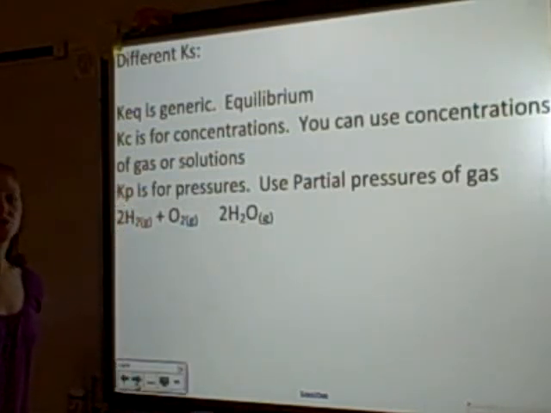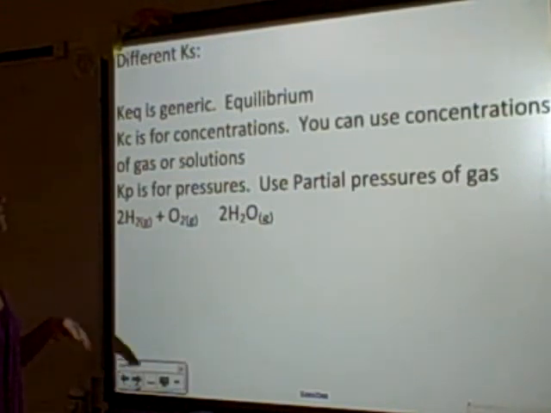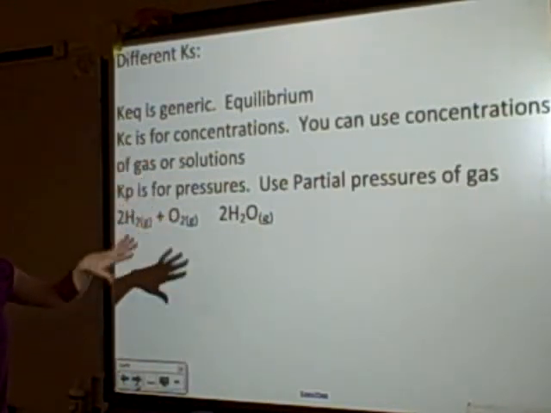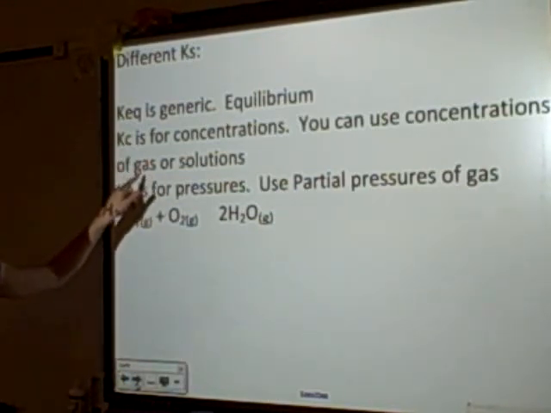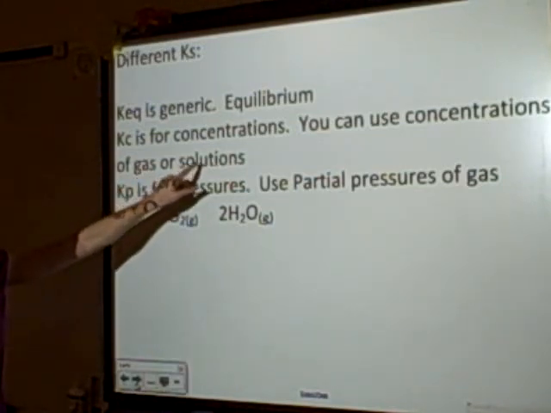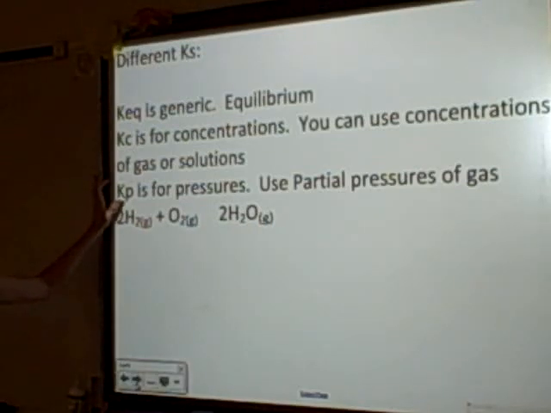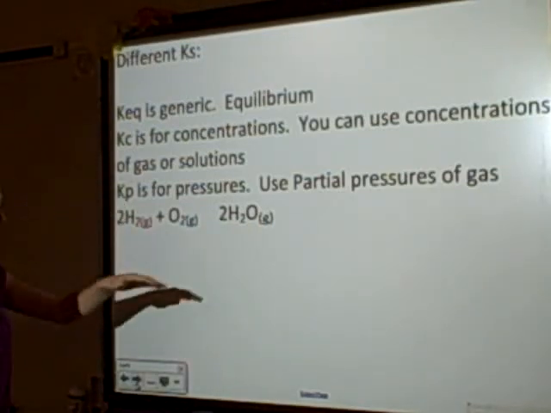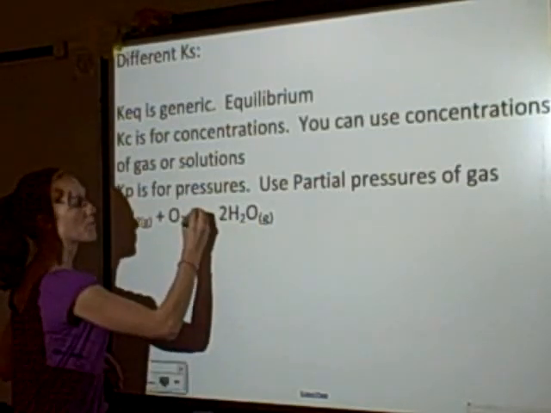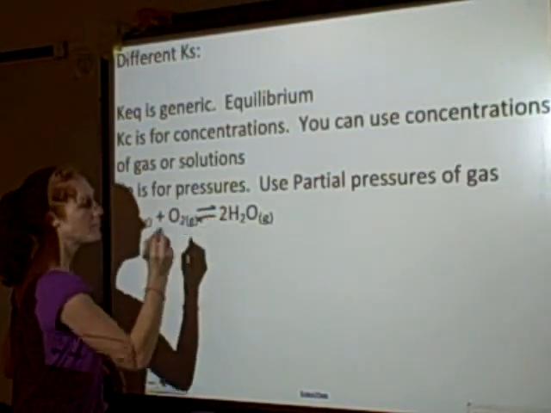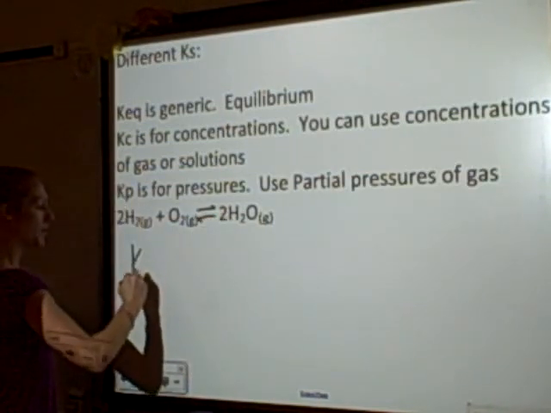There are some different Ks. So KEQ is just generically saying equilibrium. But we can calculate that equilibrium using concentrations. Concentrations of a gas, how many moles per liter in a gas, or concentration of an aqueous solution, how many moles per liter of an aqueous solution. And then Kp is going to be if I have all gases, and I use the partial pressures of these guys. So if I'm going to write Kp, it's the same setup.